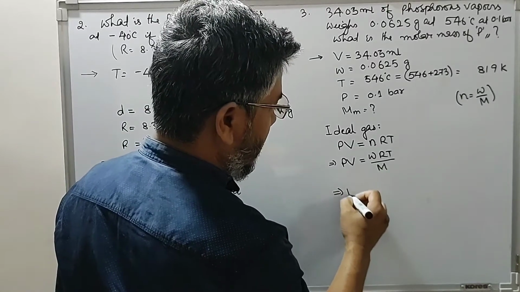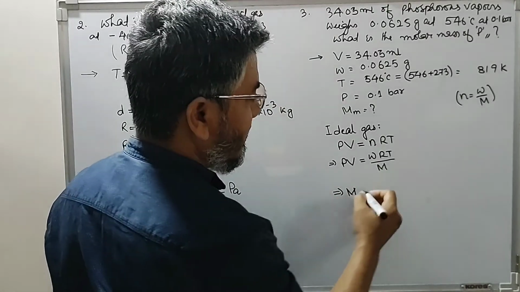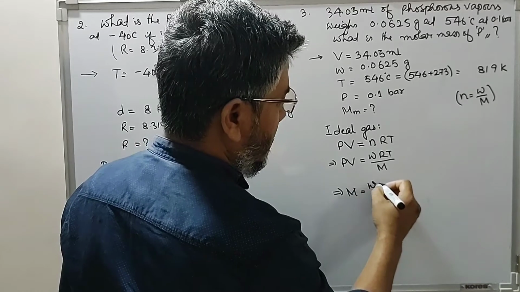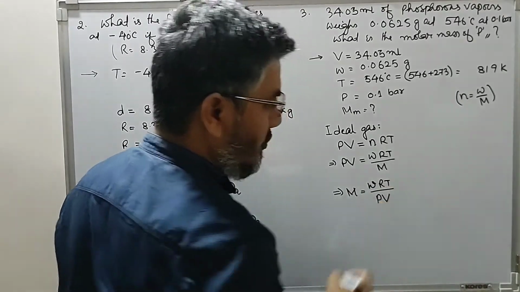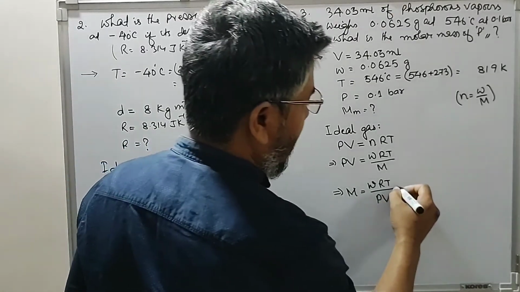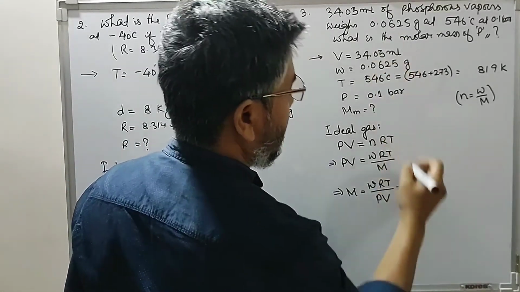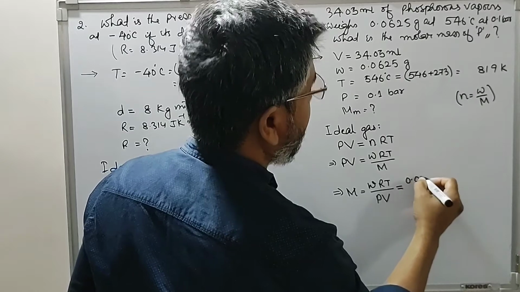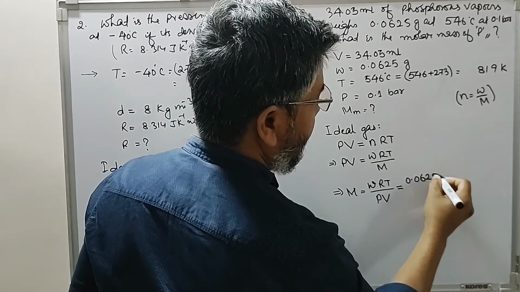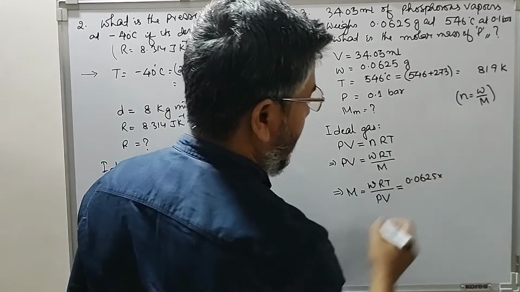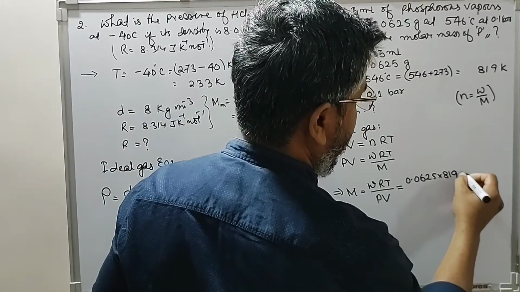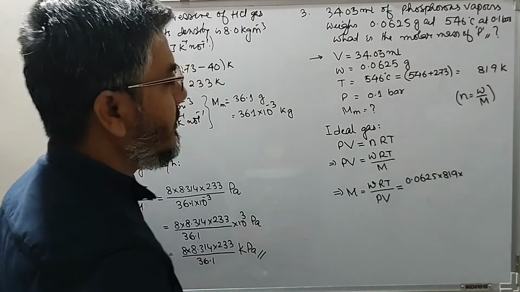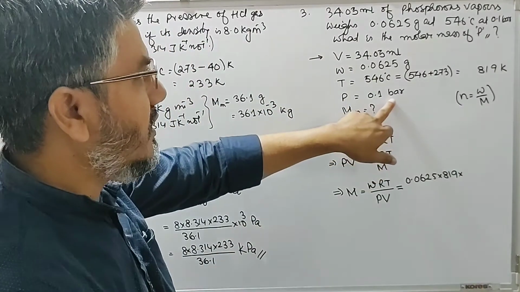So therefore the molecular mass of the gas is equals to WRT by pressure into volume. So mass is given as 0.0625 gram, temperature is 918 K. Now look at it, pressure is given in terms of bar.